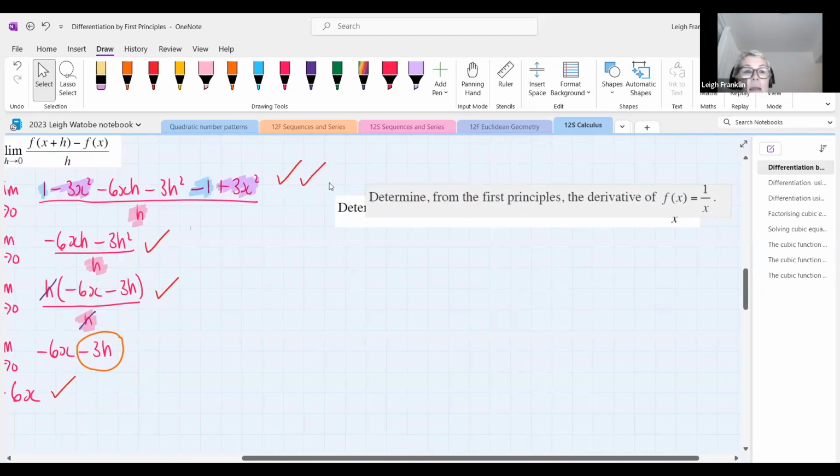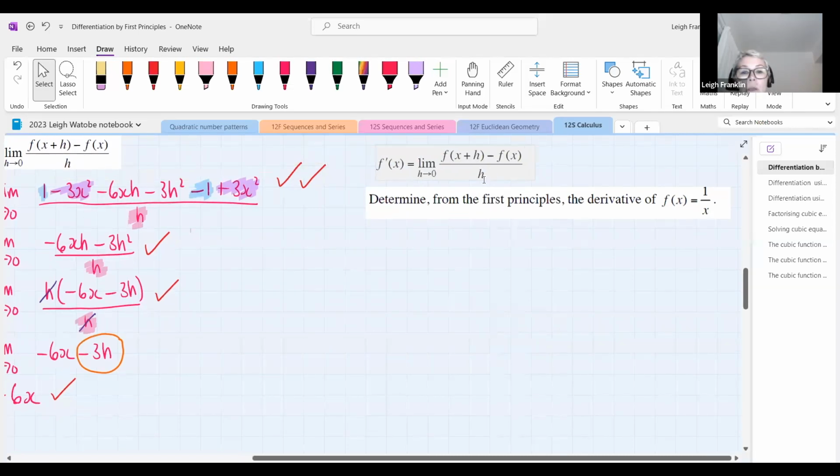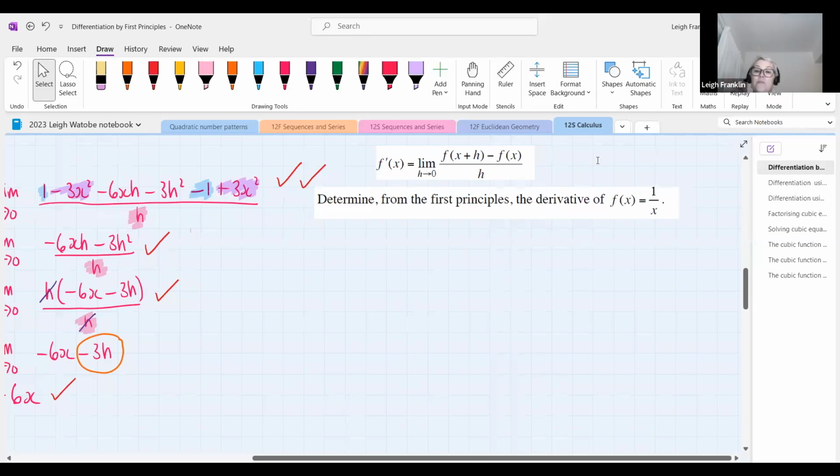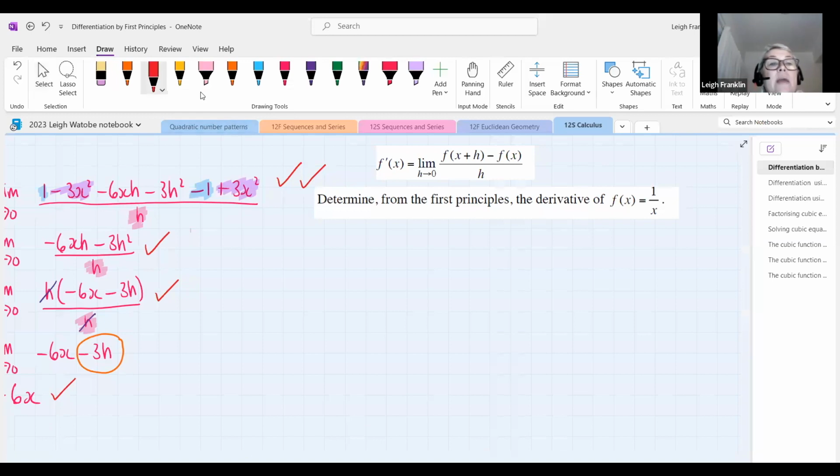All right, now imagine if they told us to do a question like this. Determine from first principles the derivative of f of x equals 1 over x. So again, if f of x equals 1 over x, then it means that f of x plus h is 1 over x plus h.